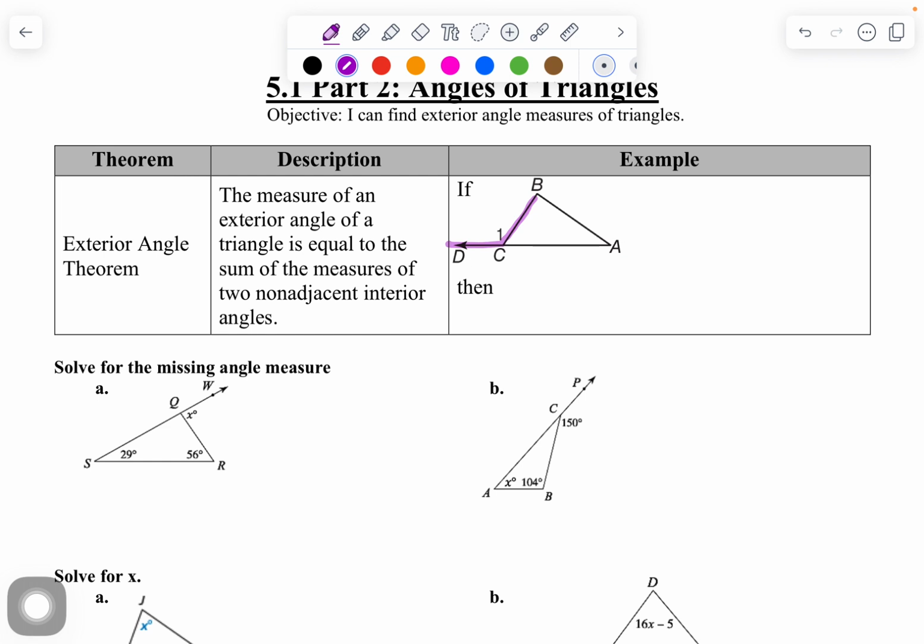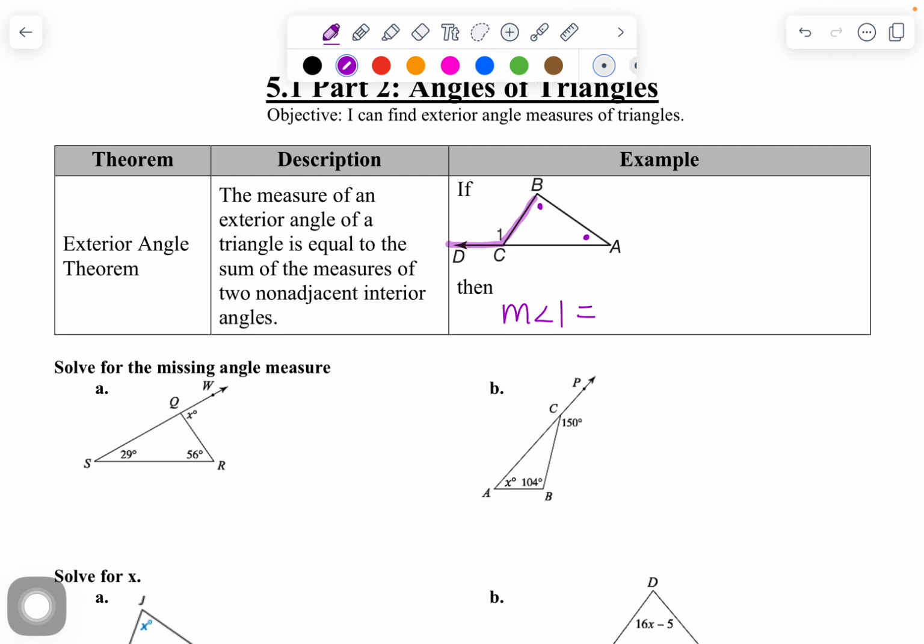Exterior angles of a triangle have this feature that their measure, in this case the measure of angle 1, is equal to the measure of the two angles that are inside the triangle but not right next to the exterior angle added together.